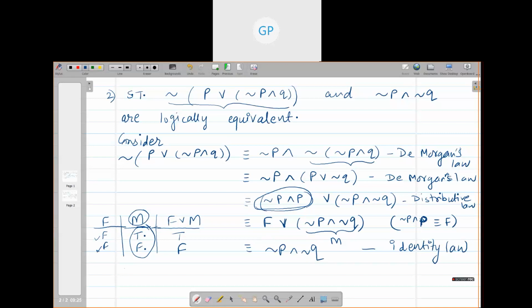It would be written like this: P and T is equivalent to P. P or F is also equivalent to P. Okay? These are identity laws. So this is how one can prove the logical equivalence without a truth table.